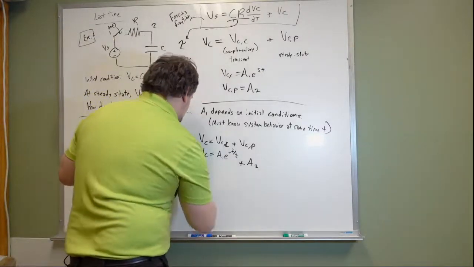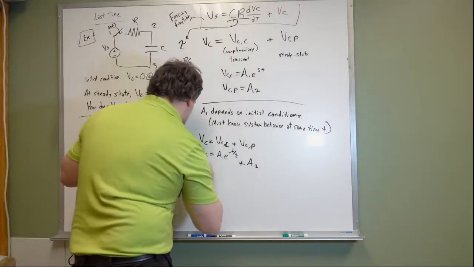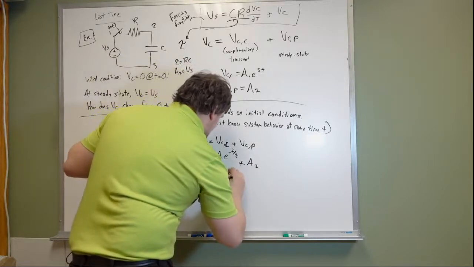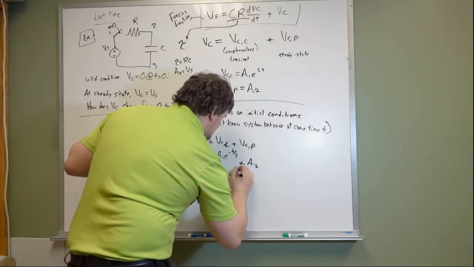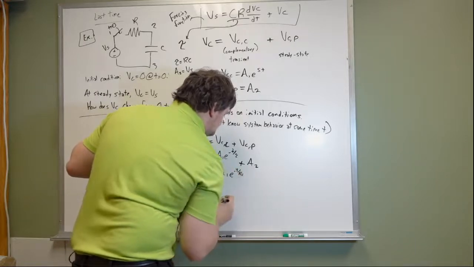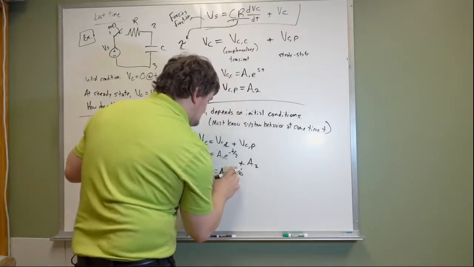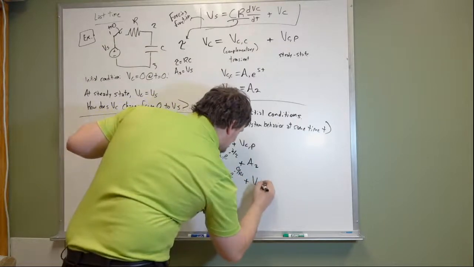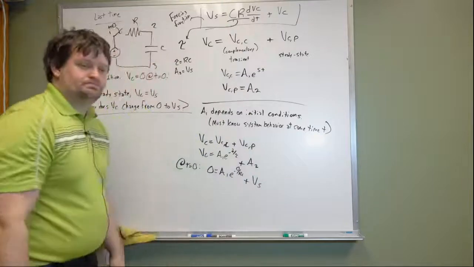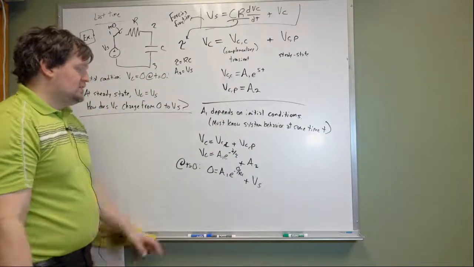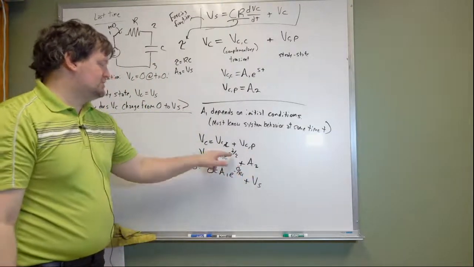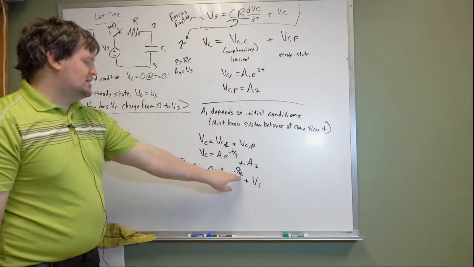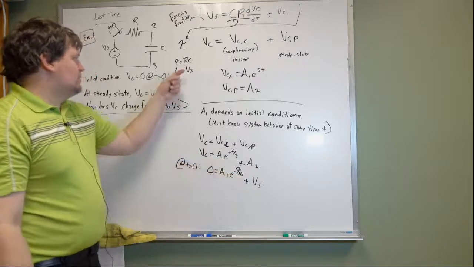So at t equal to 0, we have 0 is equal to A1 e to the negative t over RC, where I plug in 0 for t, plus Vs. I plugged in the value for A2, plugged in 0 for t, because that's where our initial condition says, and plugged in RC for tau.